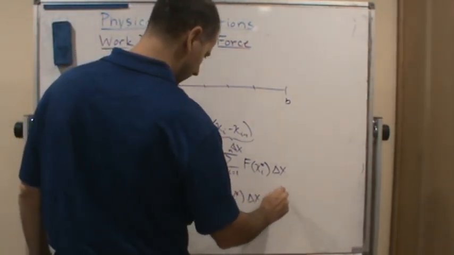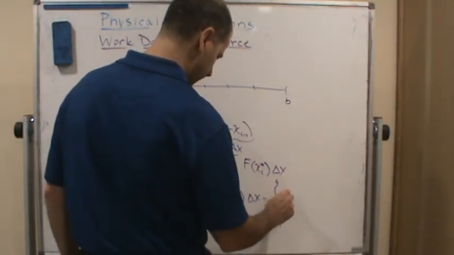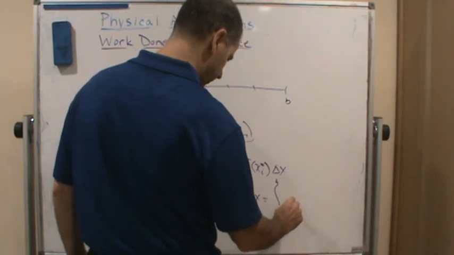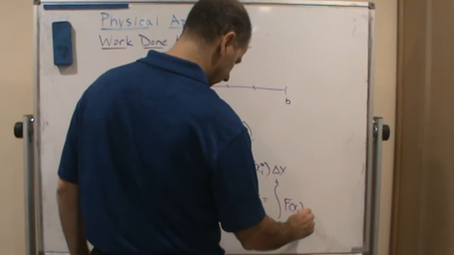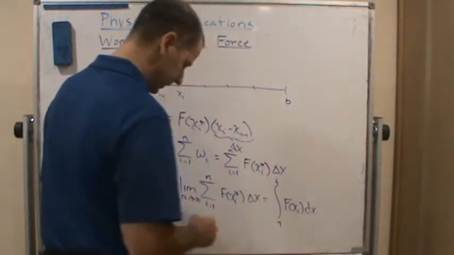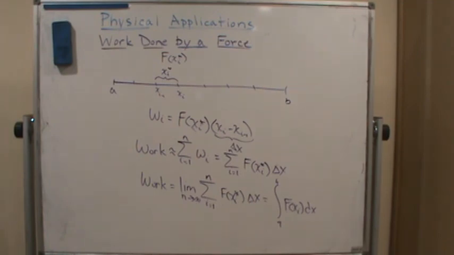And guess what? Now we get the integral from A to B of f of x dx. And so that becomes the integral that we're going to use to define work.